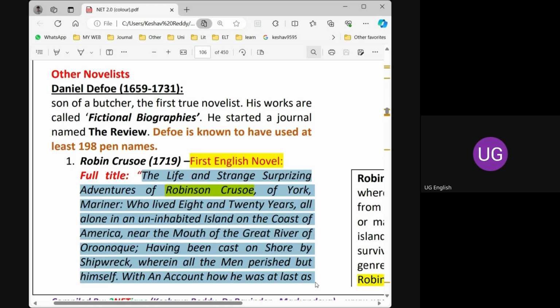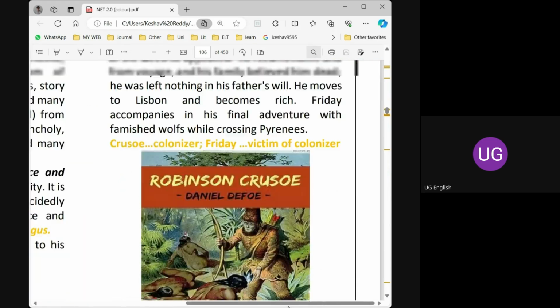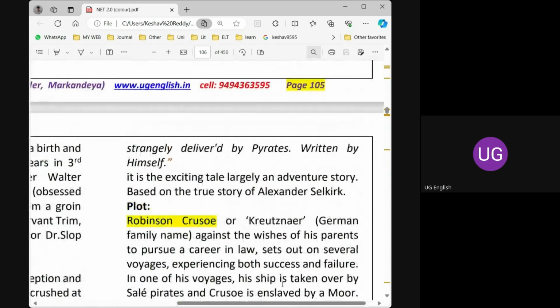I already told you he's a sailor, a mariner, who lived 28 years all alone in an uninhabited island on the coast of America near the mouth of the great river Orinoco, having been cast on shore by shipwreck, wherein all the men perished but himself, with an account of how he was strangely delivered by pirates, written by himself.